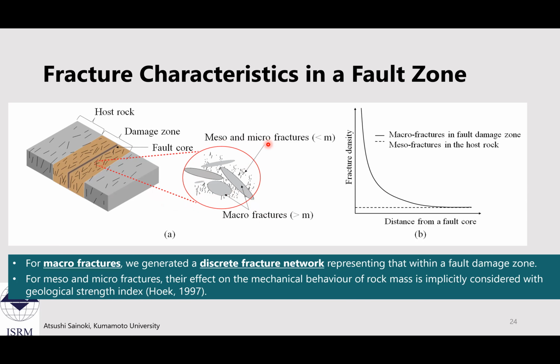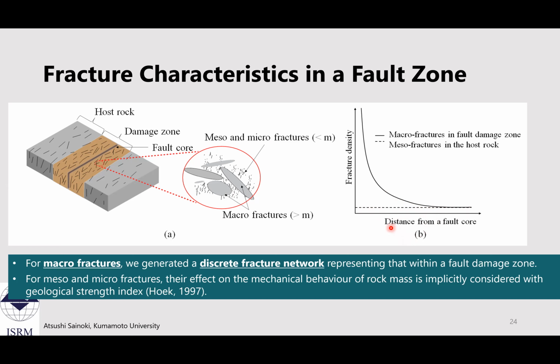For the macro fractures, according to previous studies, we assume that the fracture density decreases with the increase in the distance from the fault core, as can be seen from this curve. In contrast, for meso and micro fractures, we assume that the fracture density is constant in the fault damage zone.